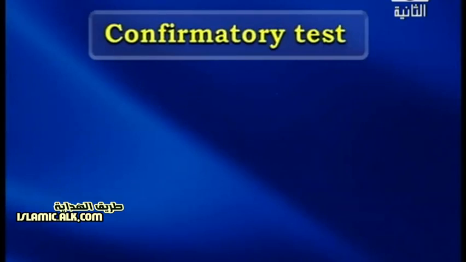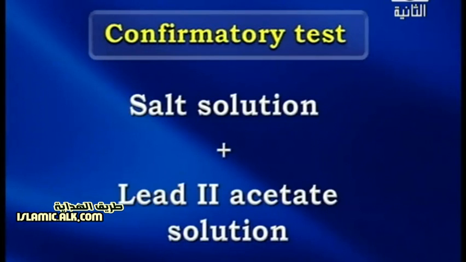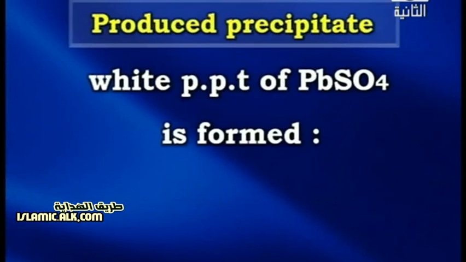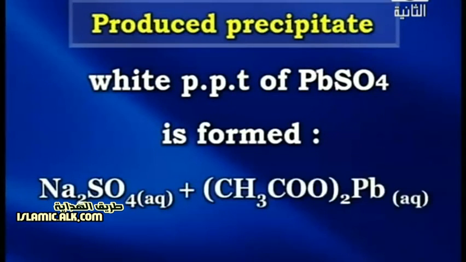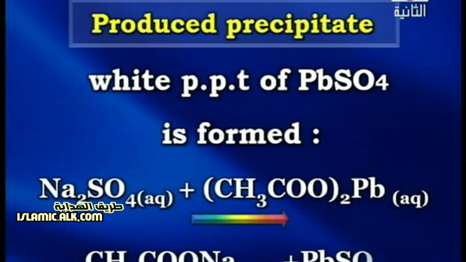The confirmatory test: here the salt solution plus lead(II) acetate solution gives a white precipitate of lead sulfate. As the equation shows, sodium sulfate plus lead acetate gives a white precipitate of lead sulfate, and an aqueous solution of sodium acetate is formed.